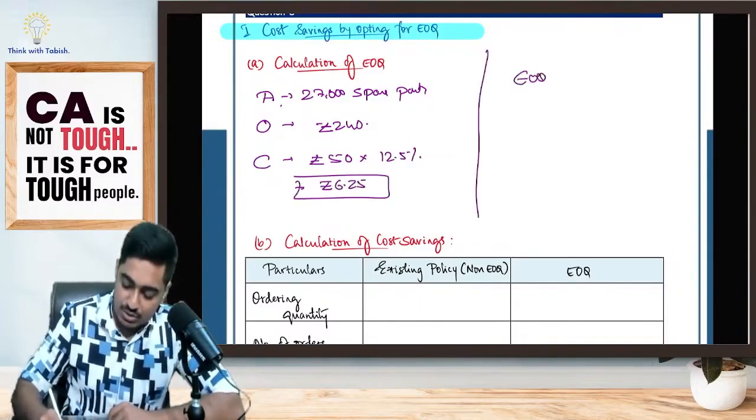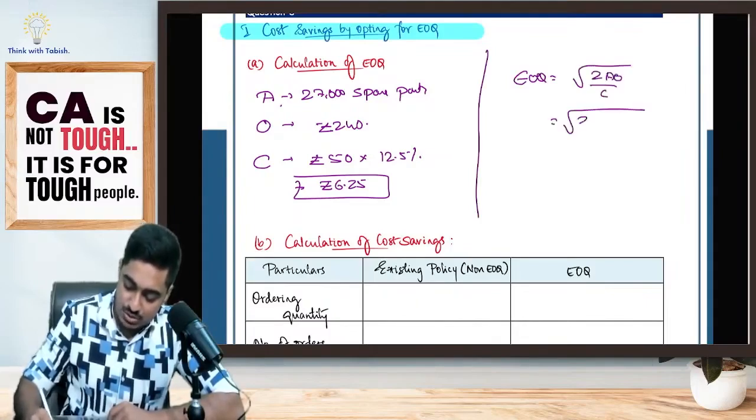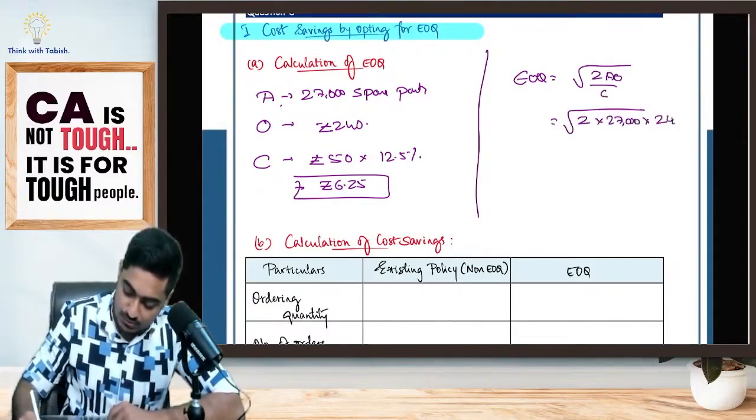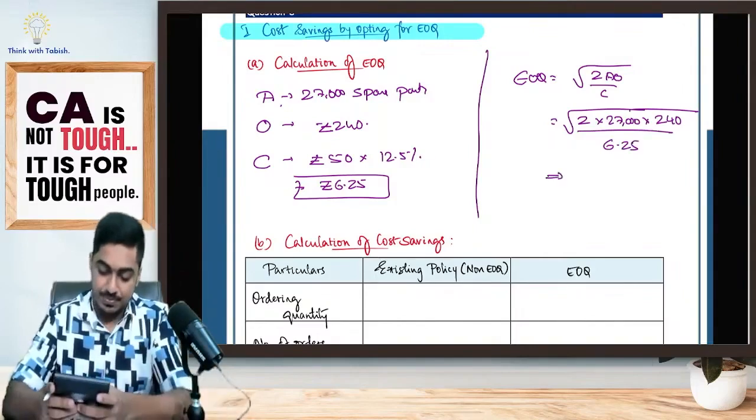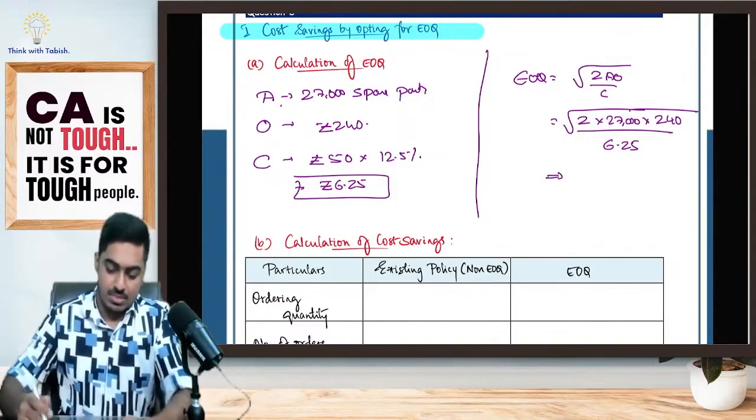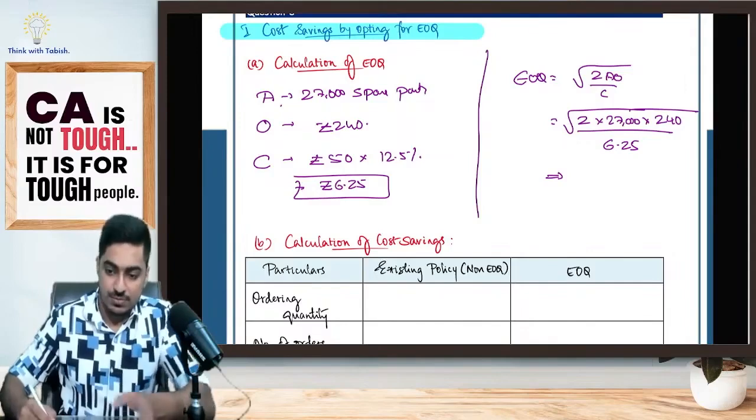EOQ is square root of 2AO divided by C: square root of 2 into 27,000 into 240 divided by 6.25. Tell me what is my EOQ. Is it 1,440 units?